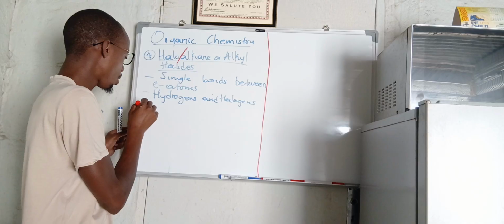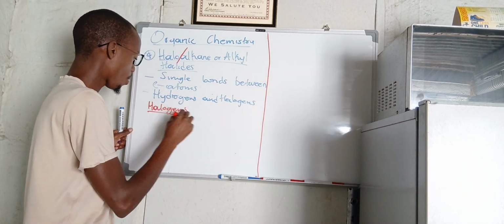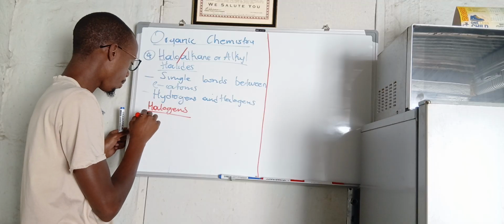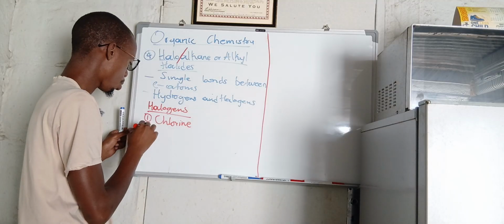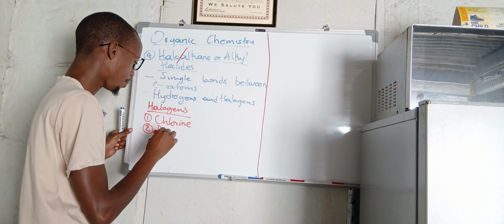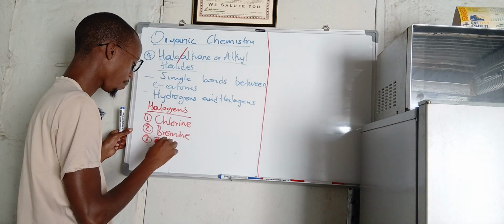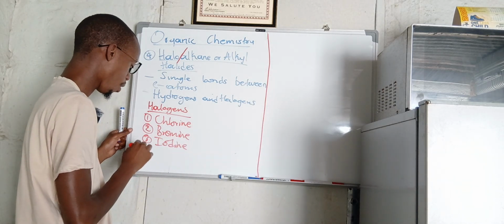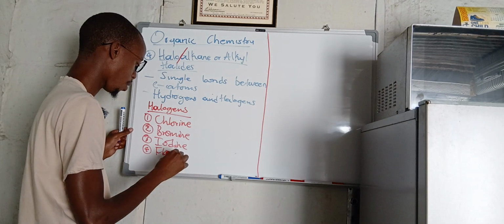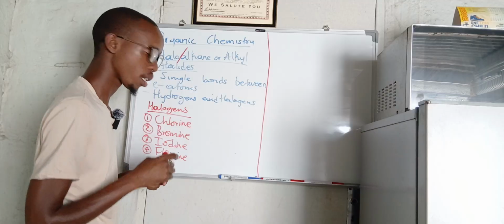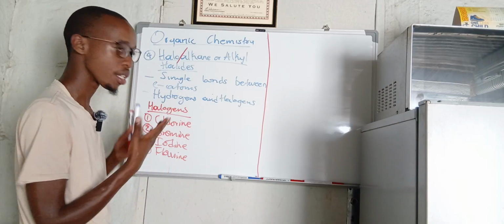Now let's remind ourselves of the types of halogens that we have. We have halogens: 1 fluorine, 2 bromine, 3 iodine, 4 chlorine. Now, something important that we need to remember. I'll remind you also later, but I just want to say it now, since it's time.